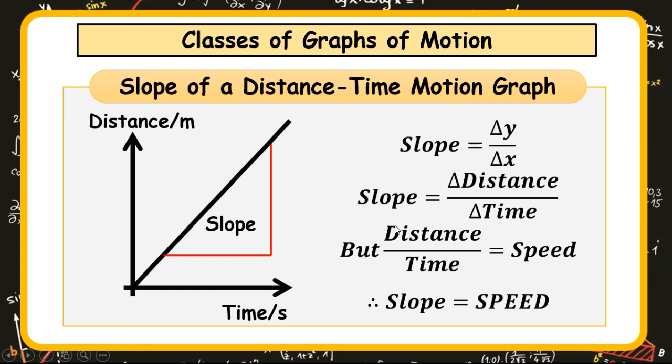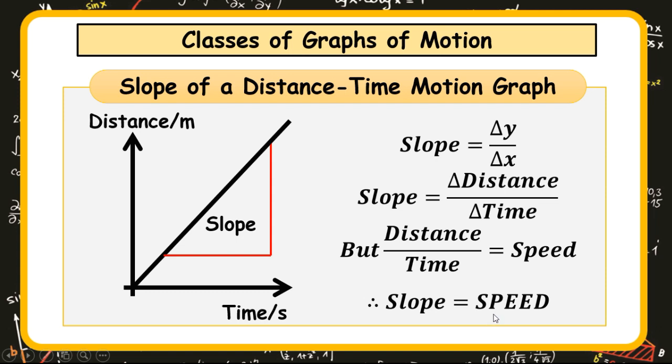So you can also say that slope is change in distance over change in time. But remember that distance over time is equal to speed. So in actual fact, when you calculate the slope of a distance time graph, you have just found speed. That is why it is said the slope of a distance time graph represents speed.